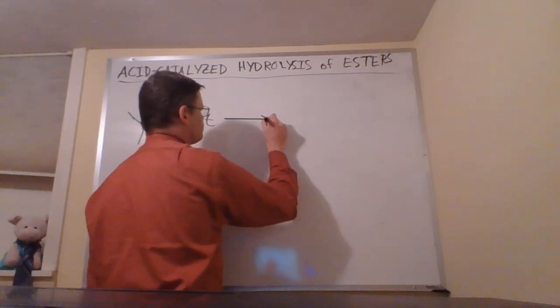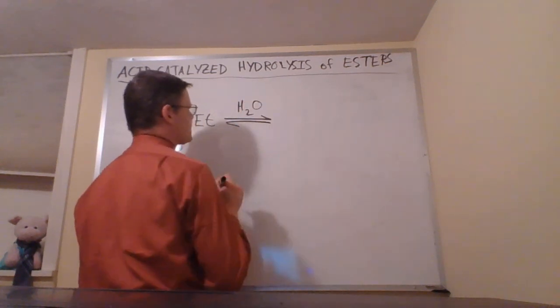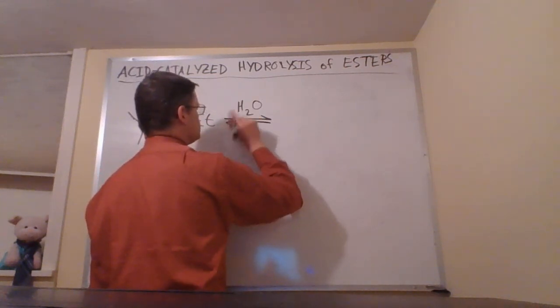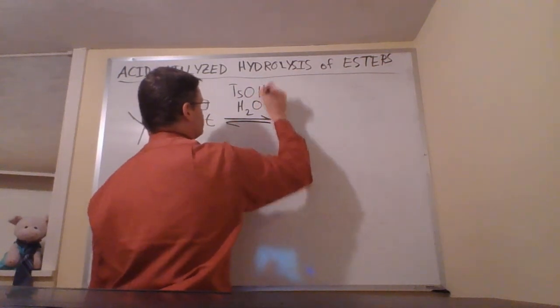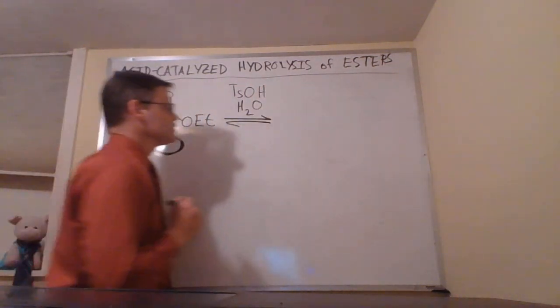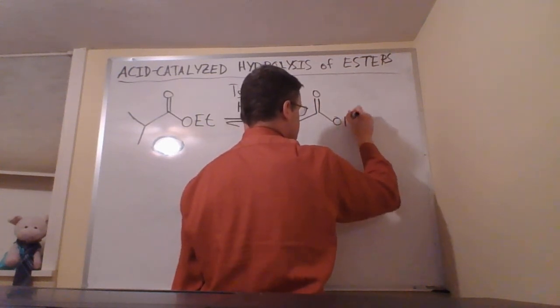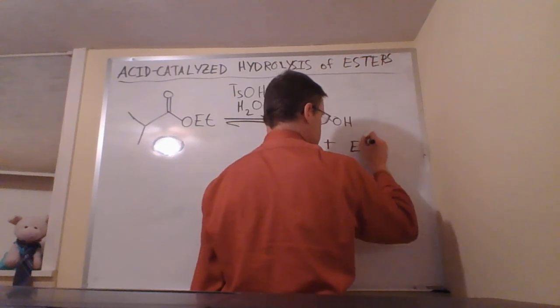Everything's in equilibrium in this particular reaction. We're going to use water. It's acid catalyzed, so we're going to use an acid. I'll use paratoluene sulfonic acid. And that's going to make a carboxylic acid plus ethanol.